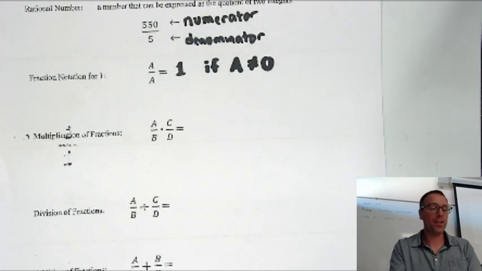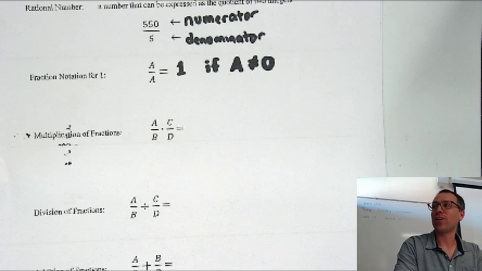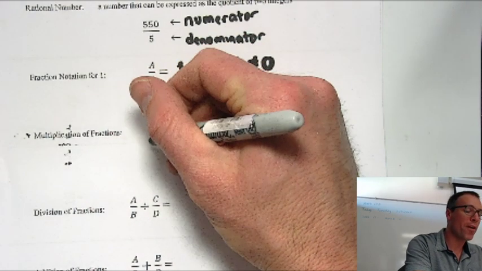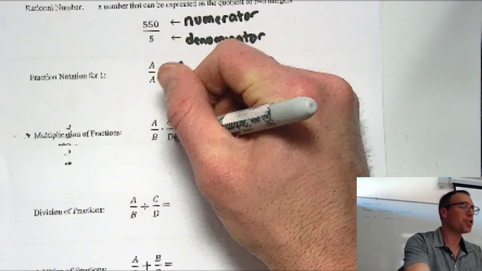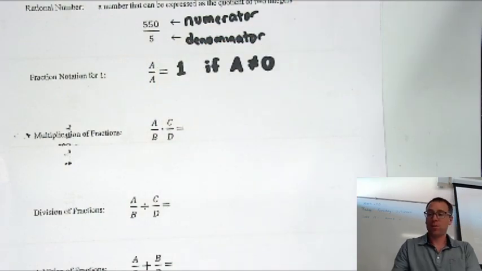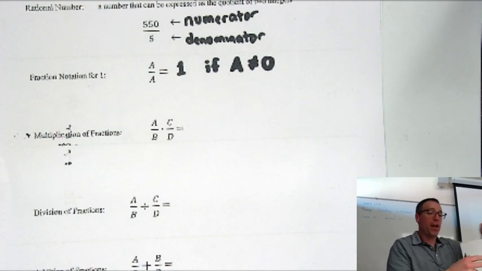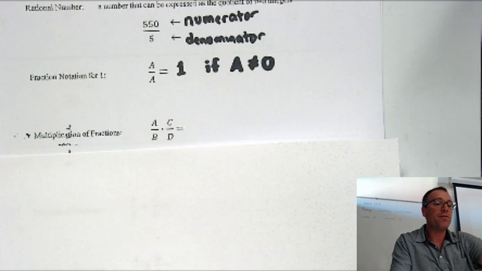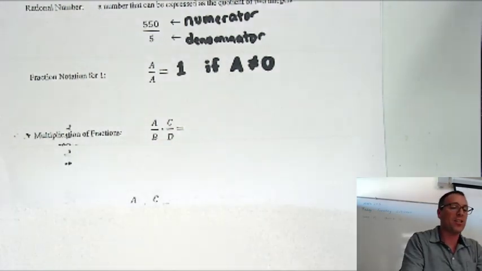Okay, so let's think about this now. What do you know about these two fractions? If I multiply one fraction by another fraction, multiply across, I want to do something kind of special. We're not going to study tons of cases, but I want to study at least one.